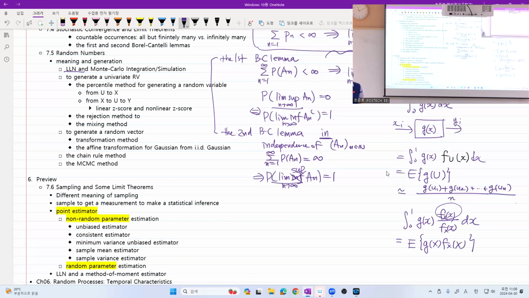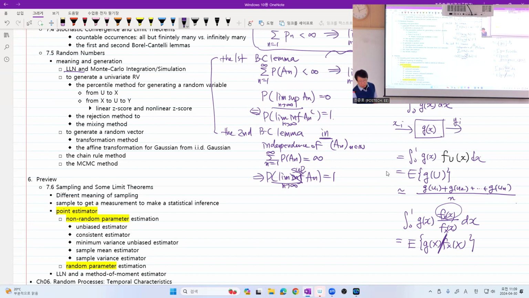So instead of directly integrating g of x on this 0, 1 interval, you may have a random number that is not necessarily uniform on 0, 1, but a random number between 0 and 1. Then you multiply and divide and generate random number x so that you can well approximate this one. By the way, such a technique of divide and multiply is called importance sampling.